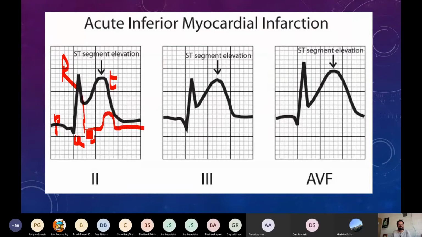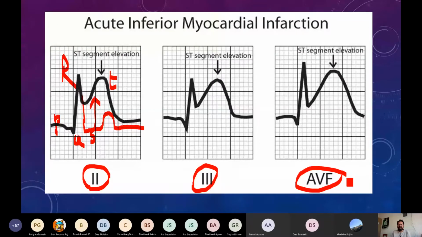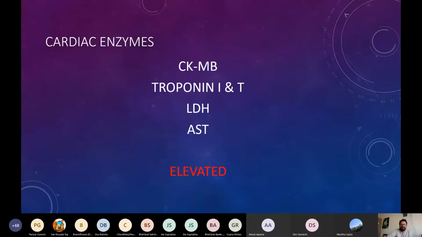But this ST segment is elevated up. So this is what we call ST elevated MI. For this lady, the lead II, lead III, and aVF ECG leads had this type of ST segment elevation.